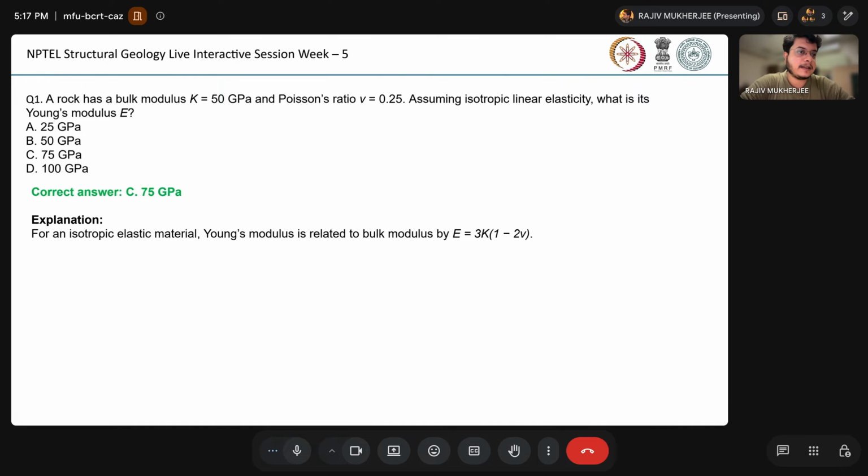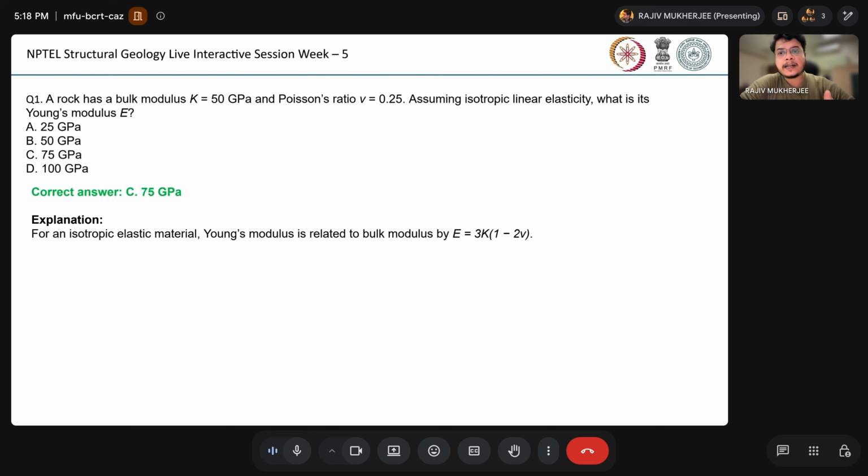So that would be a viscoelastic material with a certain amount of non-linear elasticity present, right? But for this problem, we are just considering an isotropic linearly elastic material, and then we can obviously use this formula.